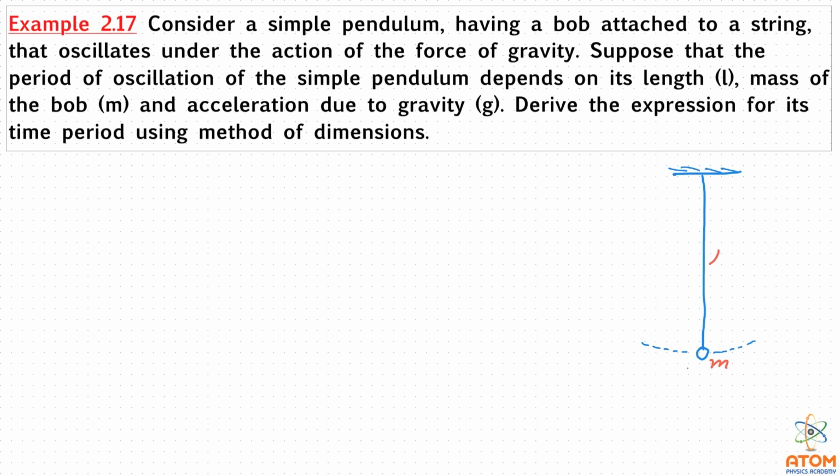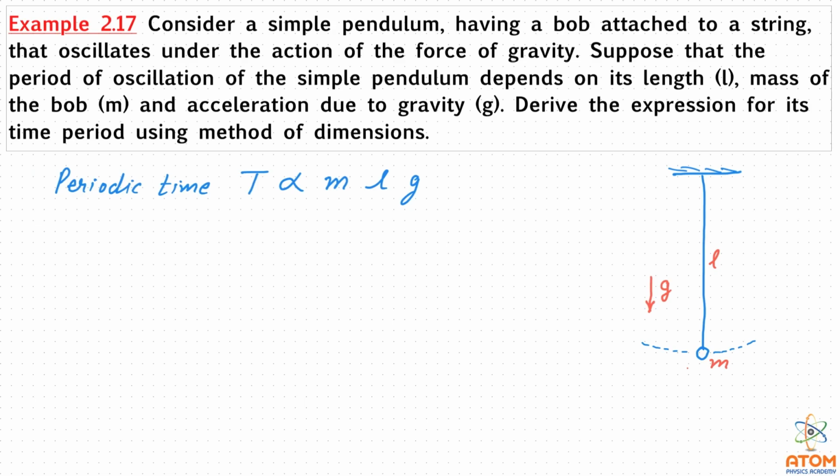The length of this string, that means the length of this pendulum, is L, and here the gravitational acceleration is equal to g, and the periodic time of this pendulum is depending on all of these three physical quantities. So we can write that the periodic time T is depending on mass, length, and gravitational acceleration g.